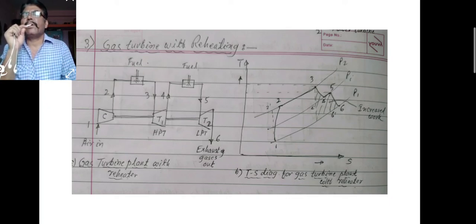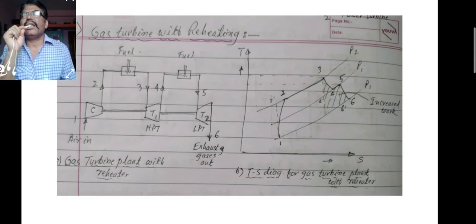Then from 4 to 5, there is again reheating. In between the stages of the turbine, the fuel is again supplied so that actual reheating happens. Heating is heating, but there is reheating again and again.